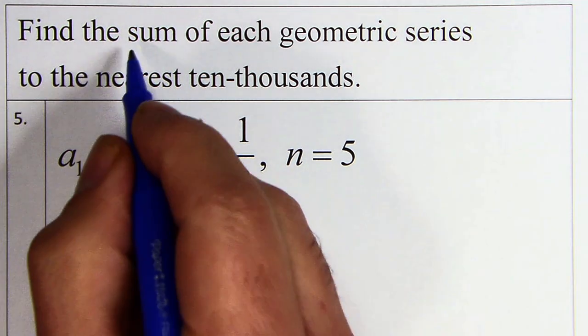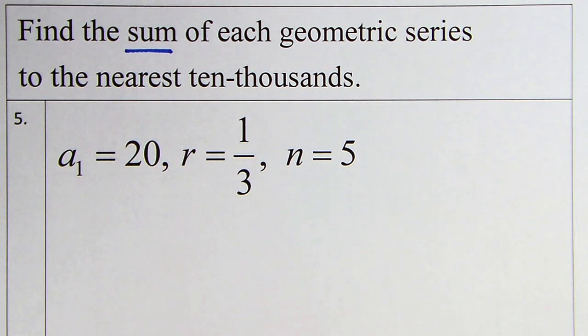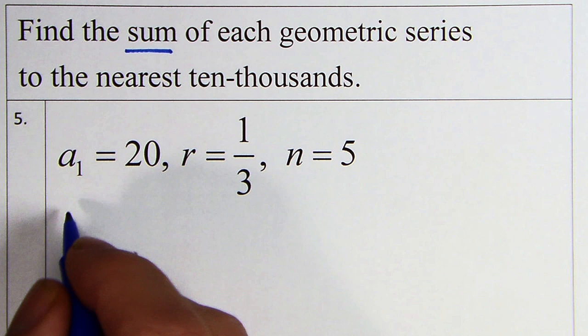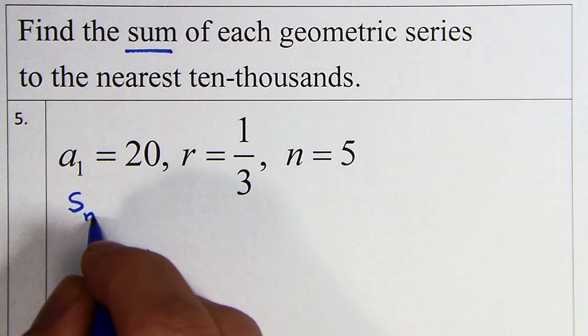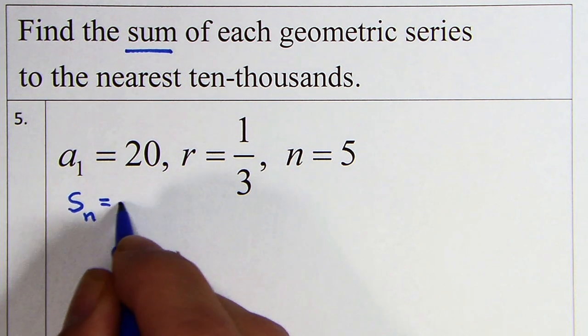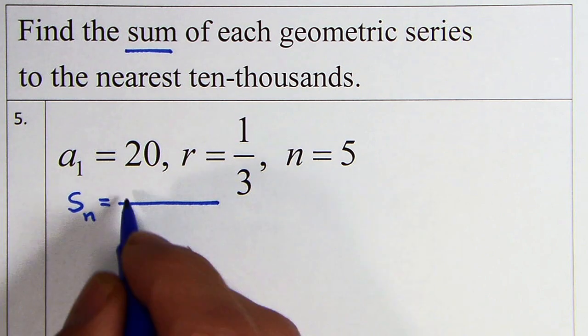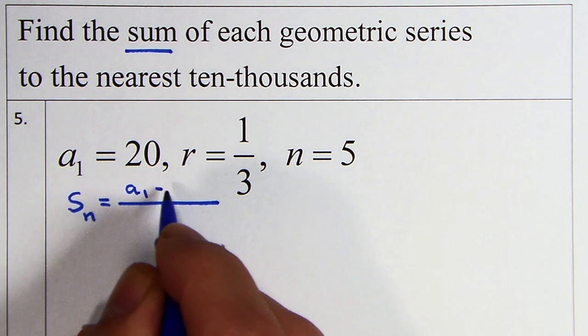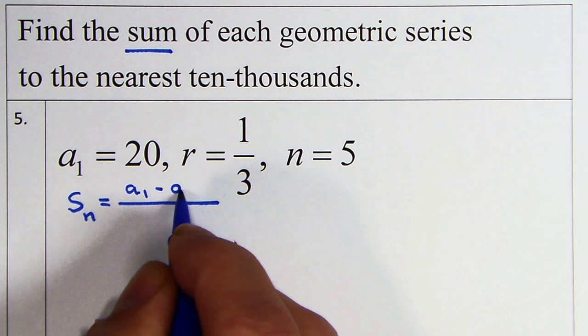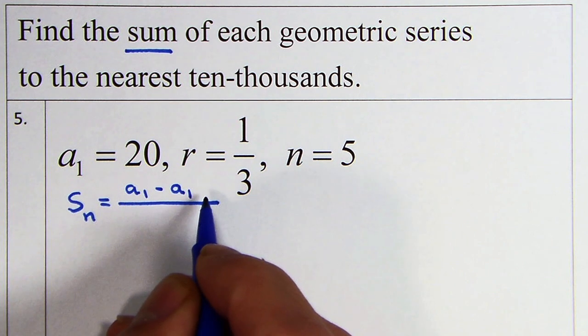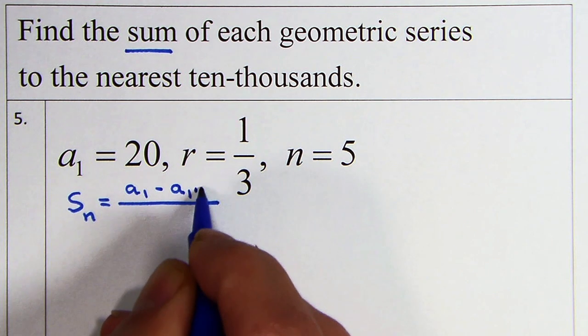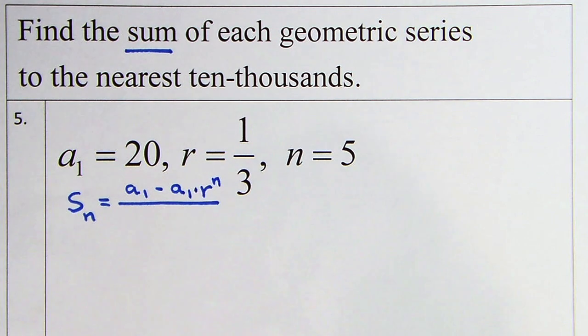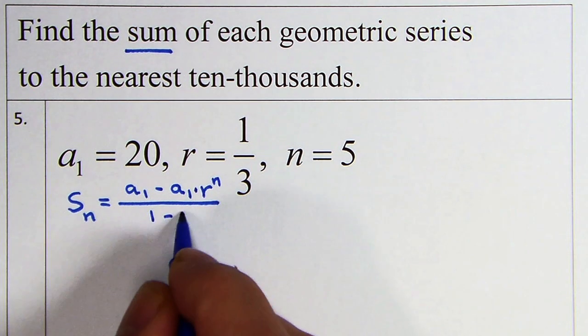To find the sum of the geometric series to the nearest 10,000ths, the sum formula is S sub n equals a sub 1 minus a sub 1 multiplied by r to the power n over 1 minus r.